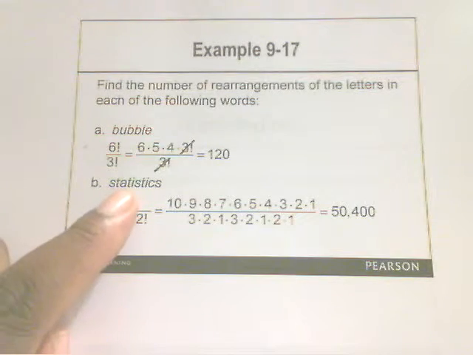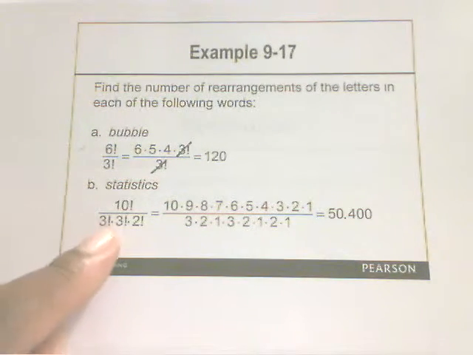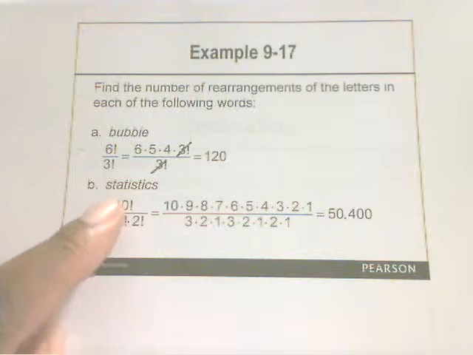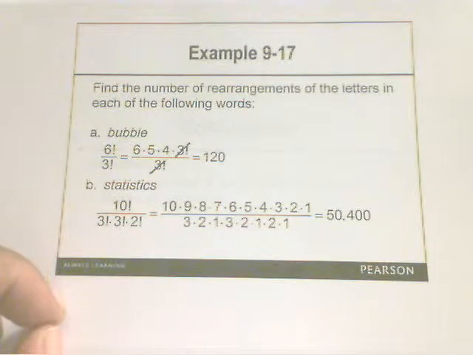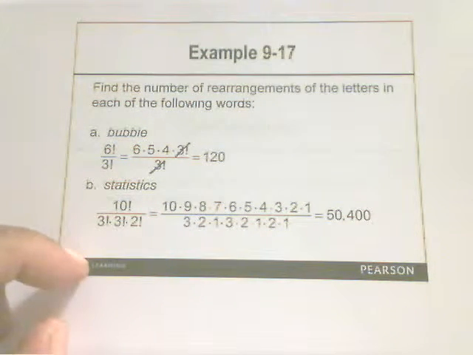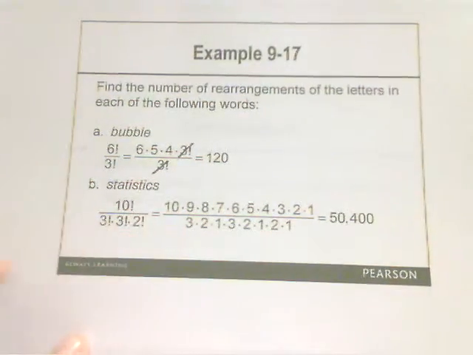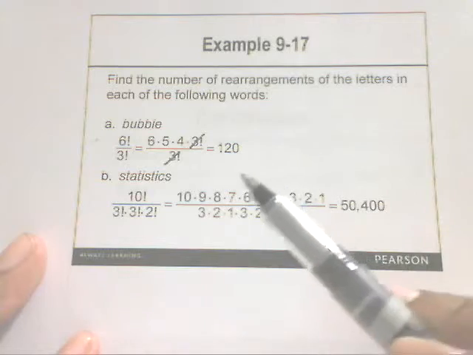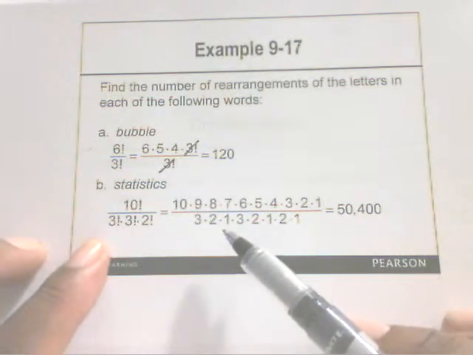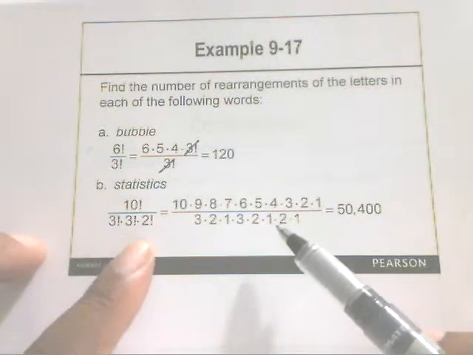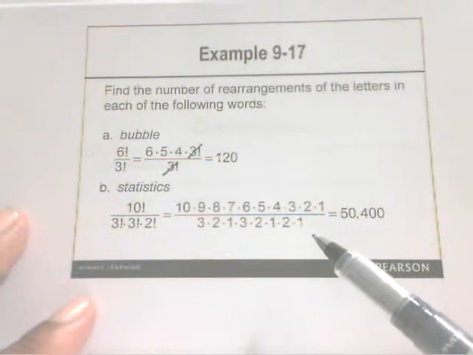You also have 3 T's in the word statistics, that's another 3 factorial. And 2 I's, that's 2 factorial. Now notice we expanded the 10 factorial all the way out completely, and the same thing with this 3 factorial, this other 3 factorial, and then 2 factorial.